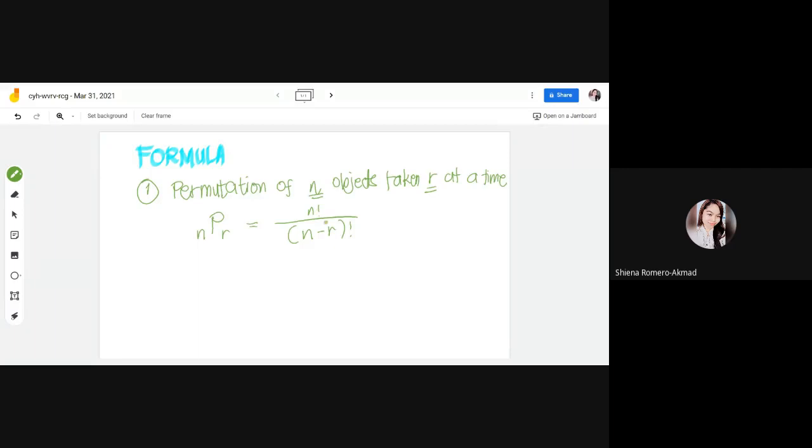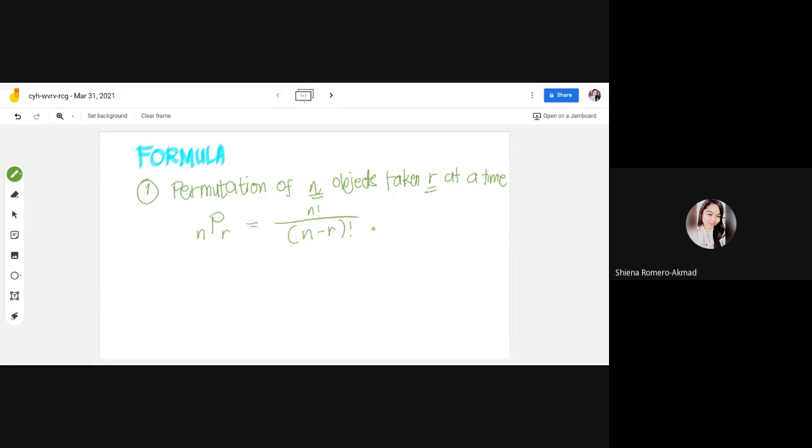Okay? Kunwari, there are 120 na candidates, then you'll choose 3 winners only. Ito yung formula na gagamitin. Kunwari, there are 10 students in a contest.